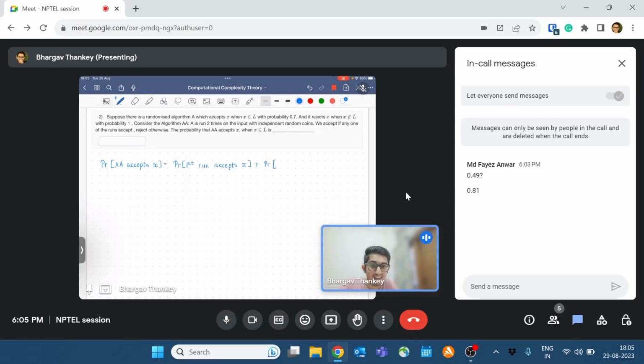You can't just write second run accepts, because the first run accepting and second run accepting are not disjoint events. If you want to add probabilities, your events have to be disjoint.